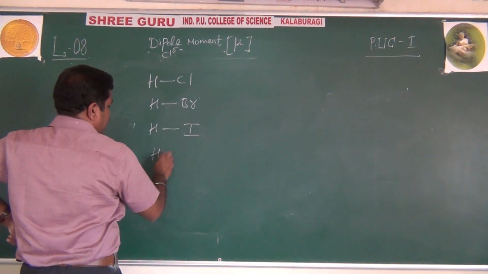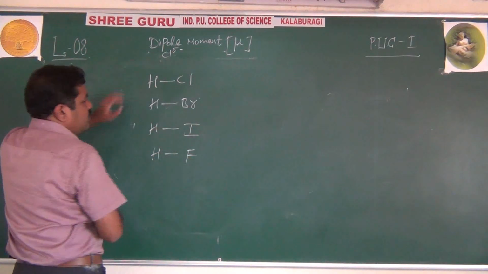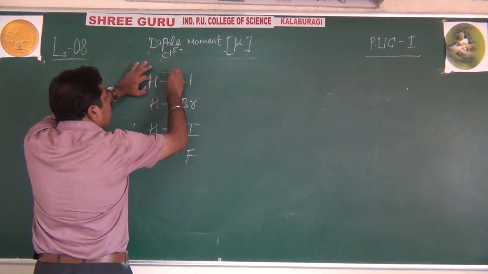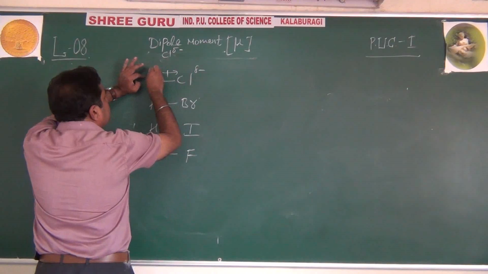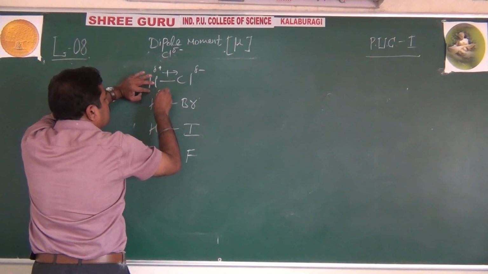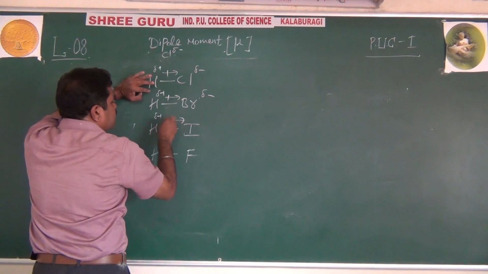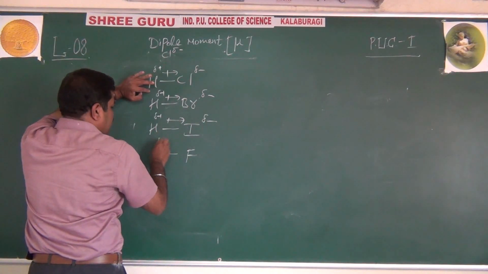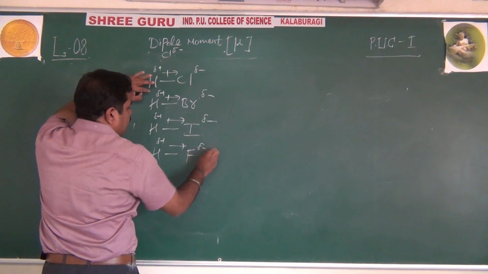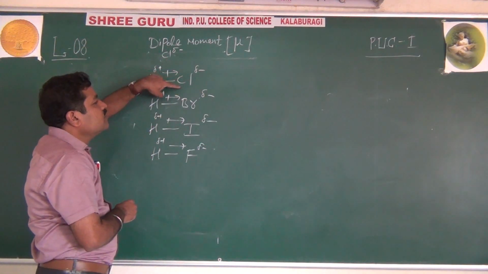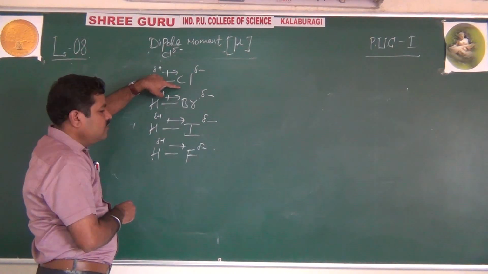These are called heteronuclear molecules, with bond partial charges delta minus and delta plus. See, all are polar in nature because of electronegativity.